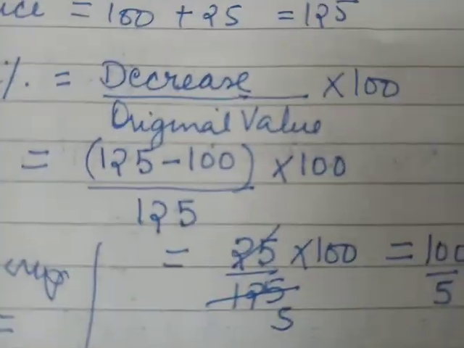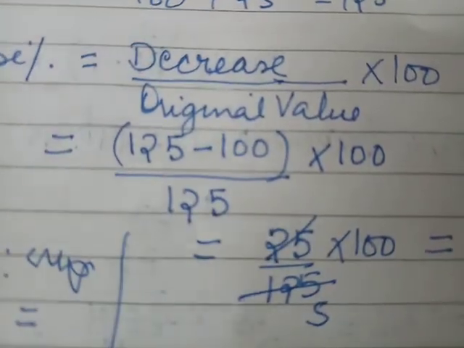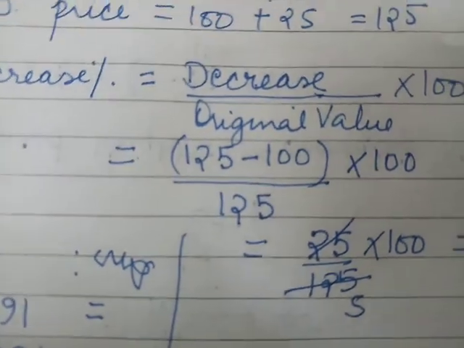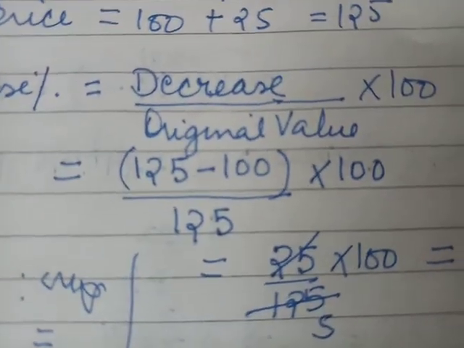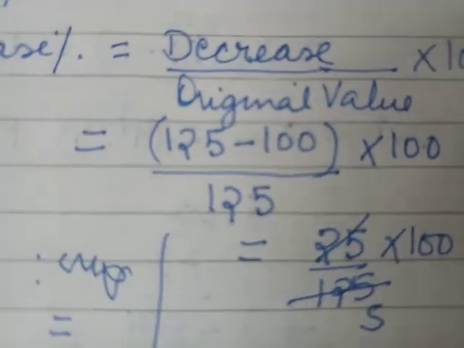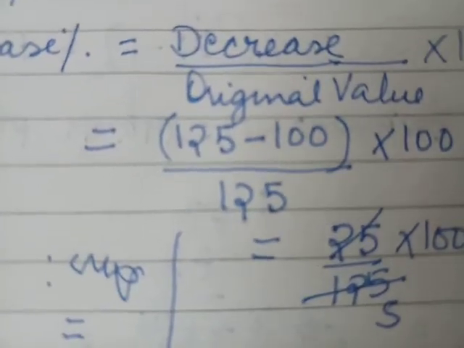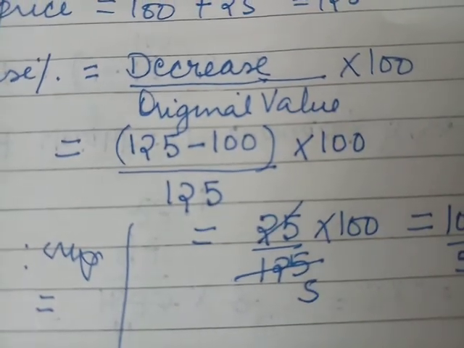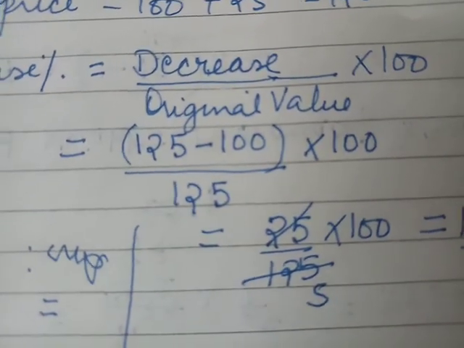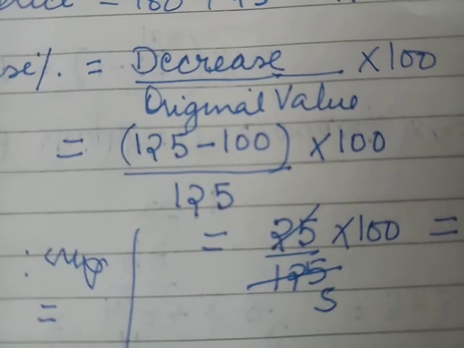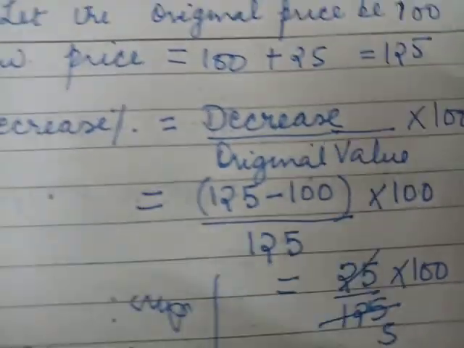Or if you are getting confused with the original value, why am I taking the new value as the original value? Because the new value is now the original value. From that only we are going to decrease the price. Or if you're getting confused, you can apply the decreased quantity formula. I'll write it here.